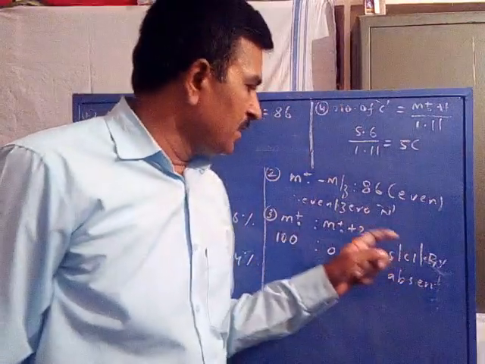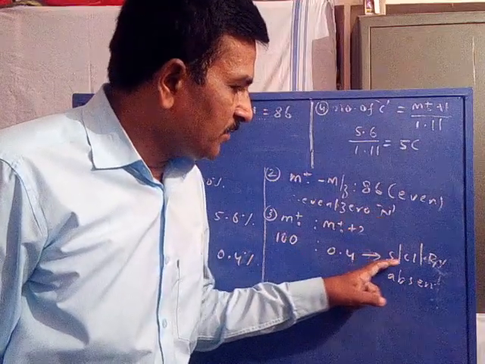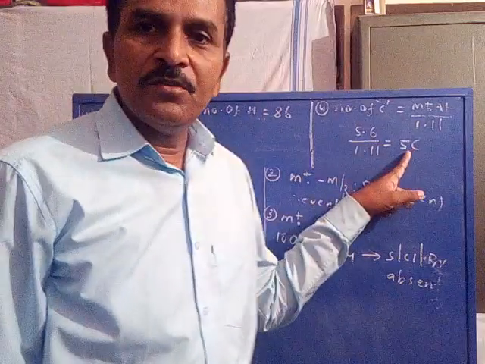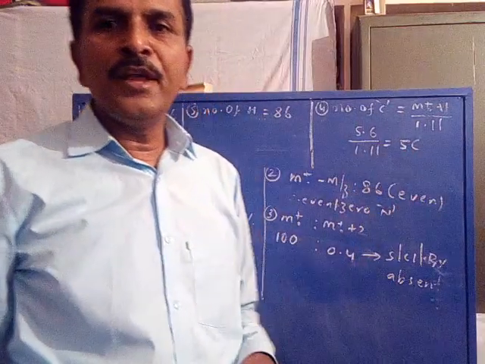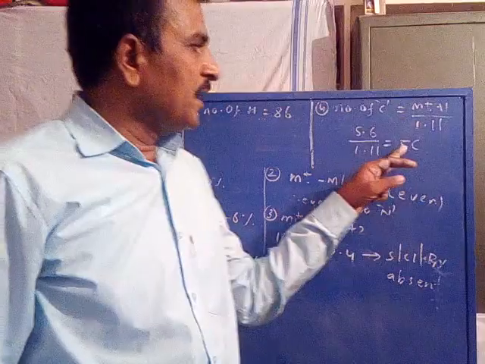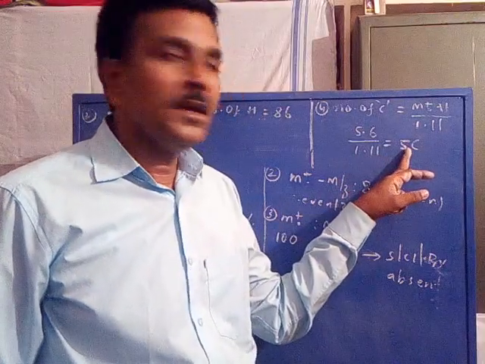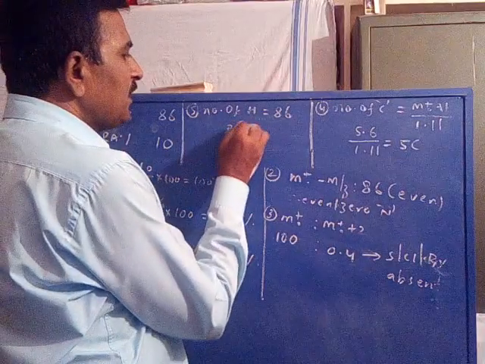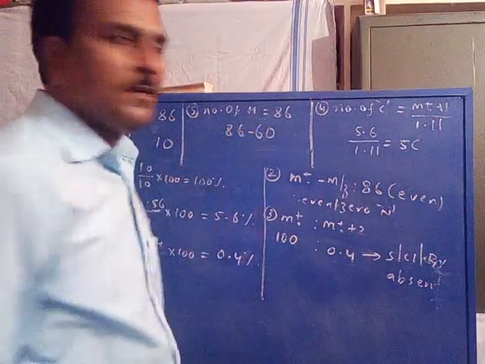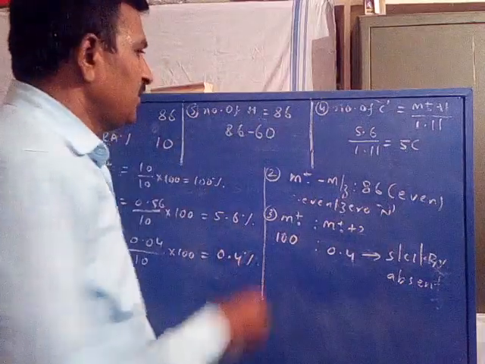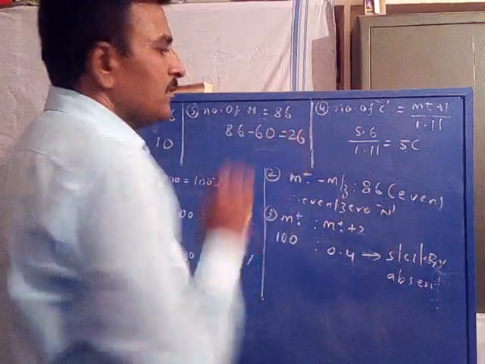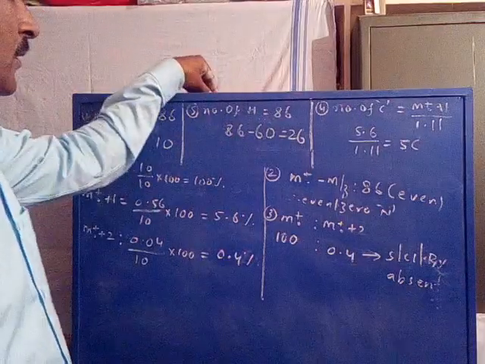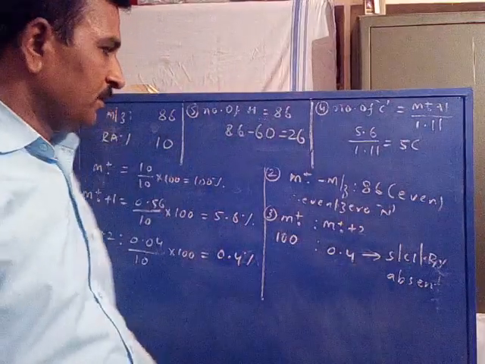So far we predicted the absence of sulfur, chlorine and bromine, and 5 carbons. 5 carbons times their mass of 12 is nearly 60. So 86 minus 60 is equal to 26. So the leftover mass is 26.